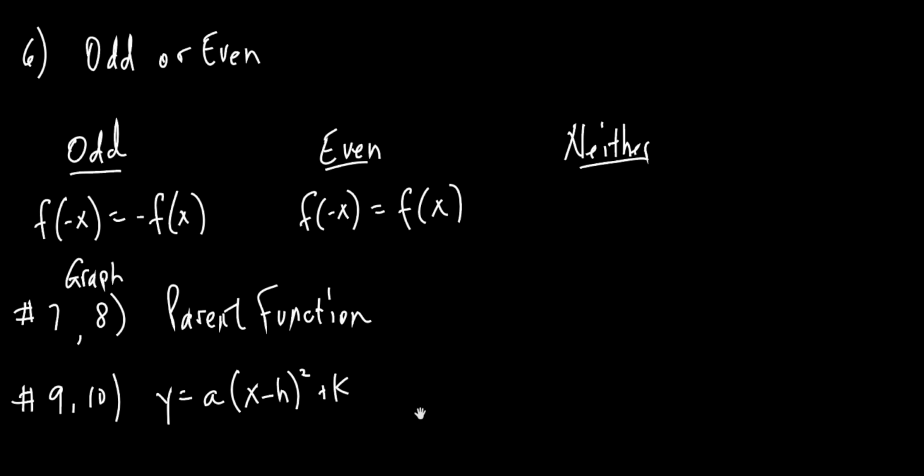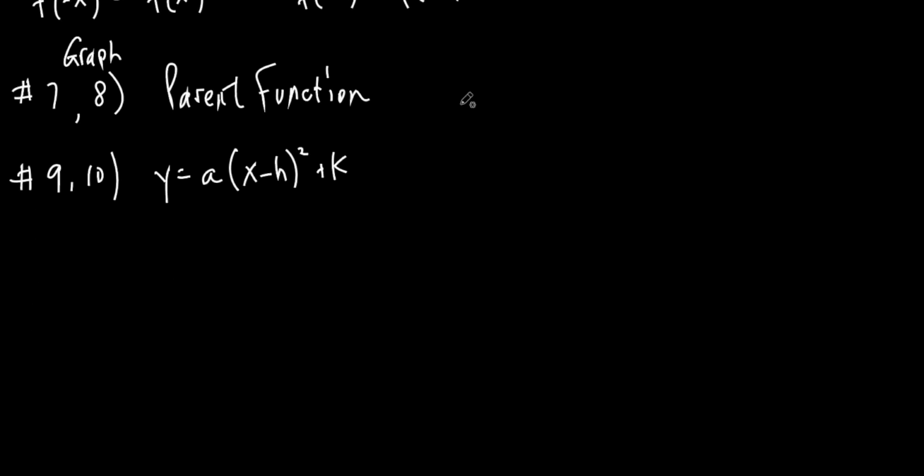It wasn't on YouTube, but we talked about it. So what does that h do for you? If it's x minus h, we move it that many places to the right. What if it was x plus h? Then we'd move it to the left. This is plus k. That means we move it up or down. If it was minus k, we move it down. If it's plus k, we move it up.